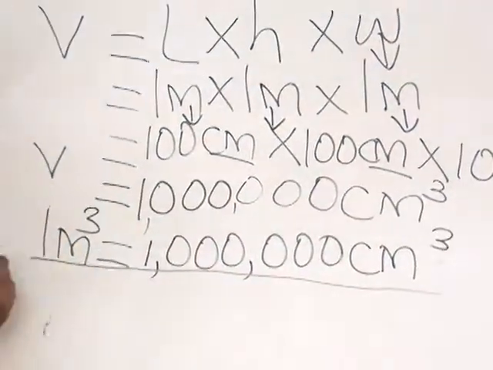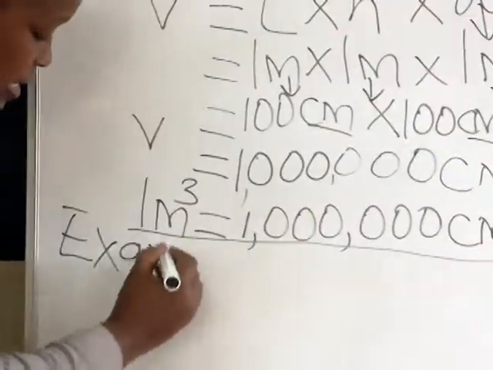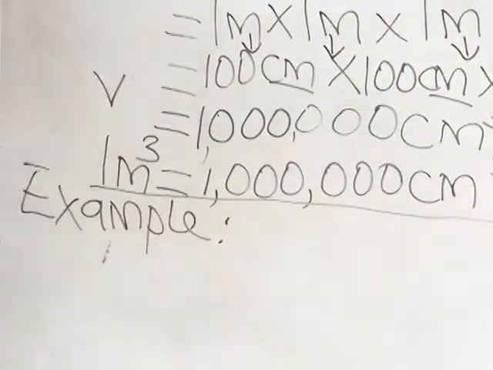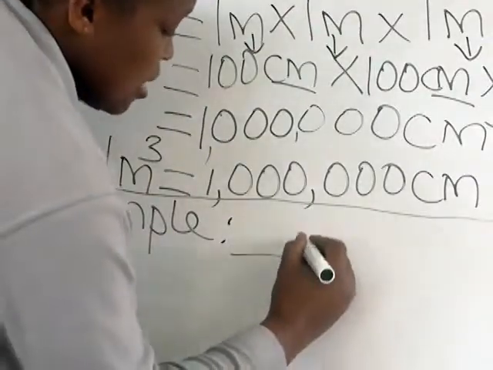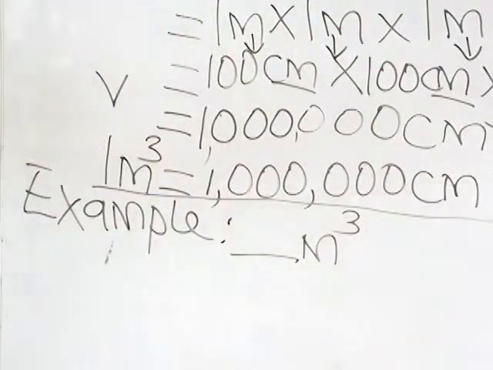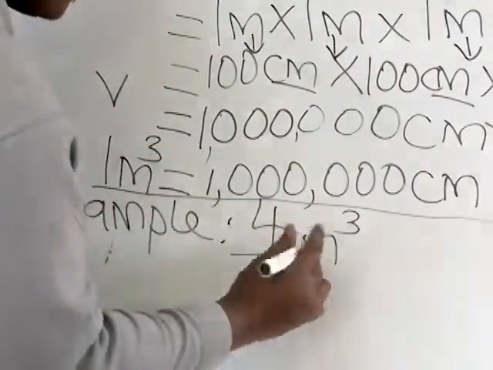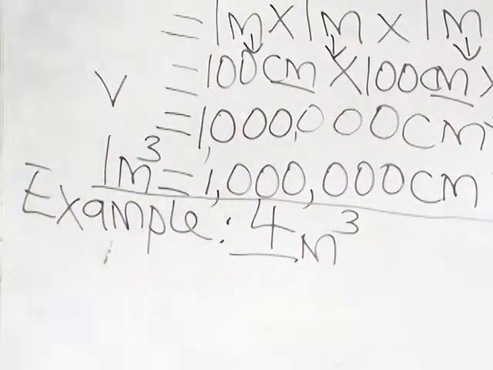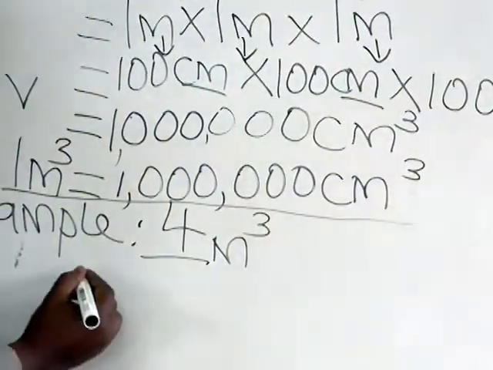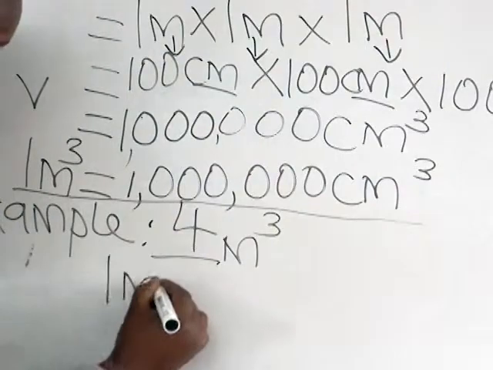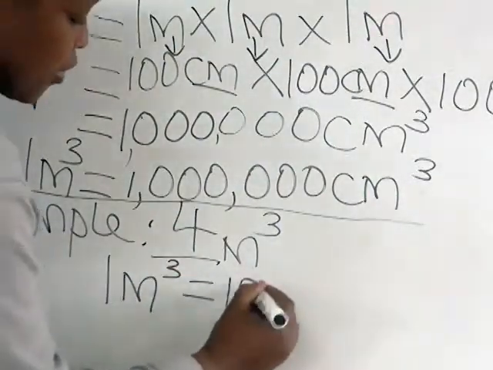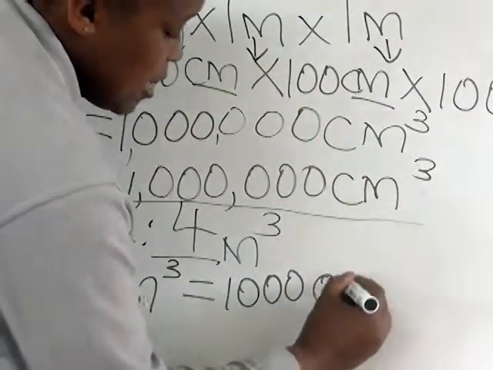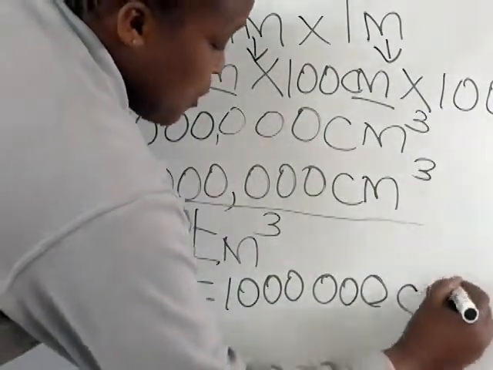Now we can do an example. Somebody to give us some measurements. Dash meters cubed. We can have 4 meters cubed. The first thing we do, we write here 1 meter cubed is the same as 1 million centimeters cubed.